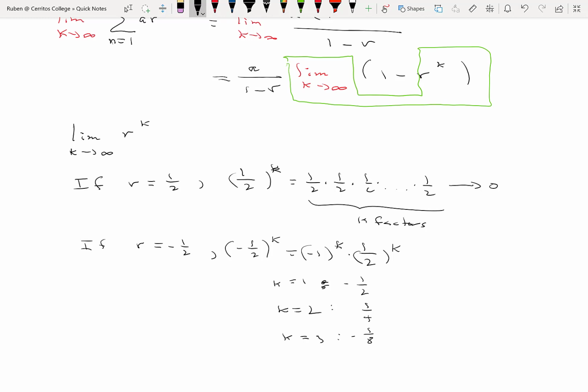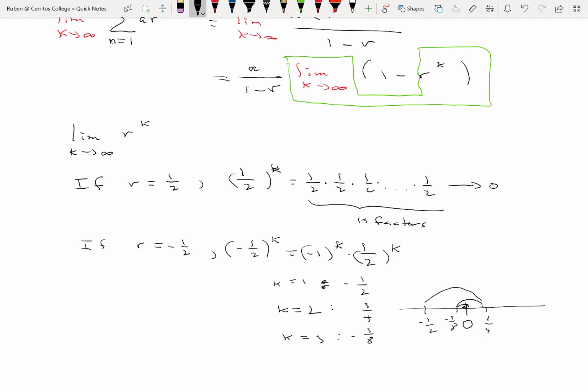Remember our examples earlier, it means that the numbers -1/2 to the k form a convergent sequence, and they're getting very close to 0, but they're bouncing back and forth across 0 on the number line. Back and forth and back and forth.